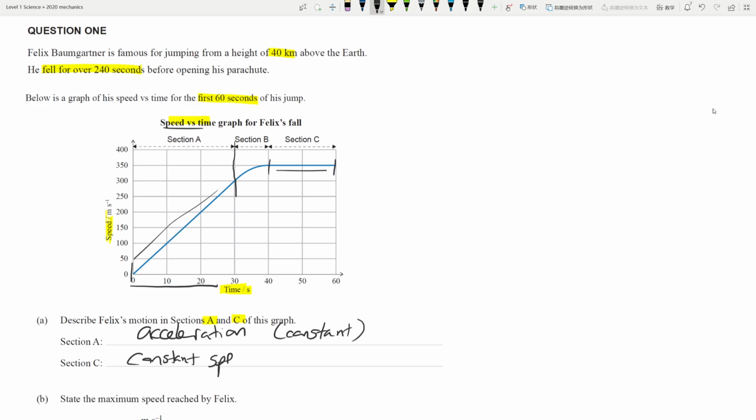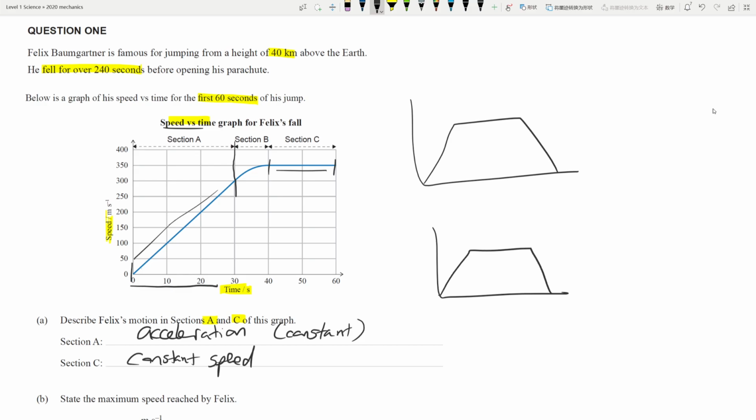Okay, so just make sure you know which one you're looking at. I'll draw it again, say for something like this. It's exactly the same graph. If this is speed time, and this is distance time, they mean 2 different things. Say for A, B, C, for a speed time graph, this is acceleration, this is constant speed, and C is constant deceleration.